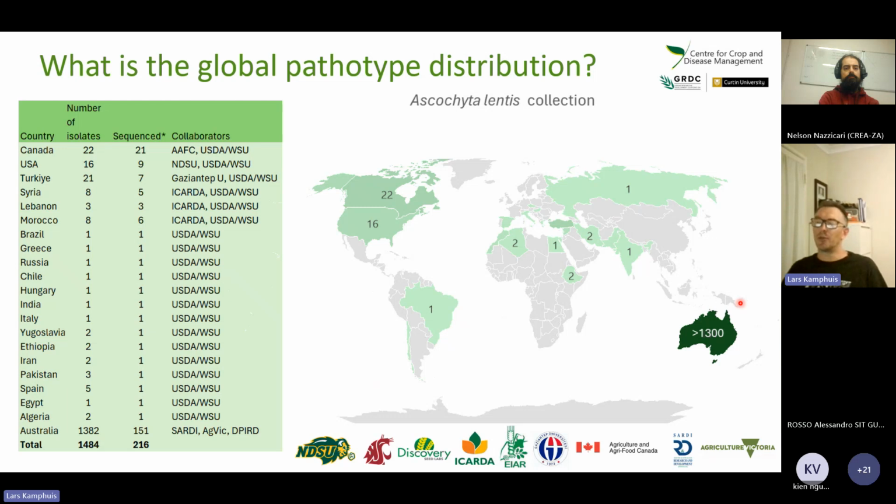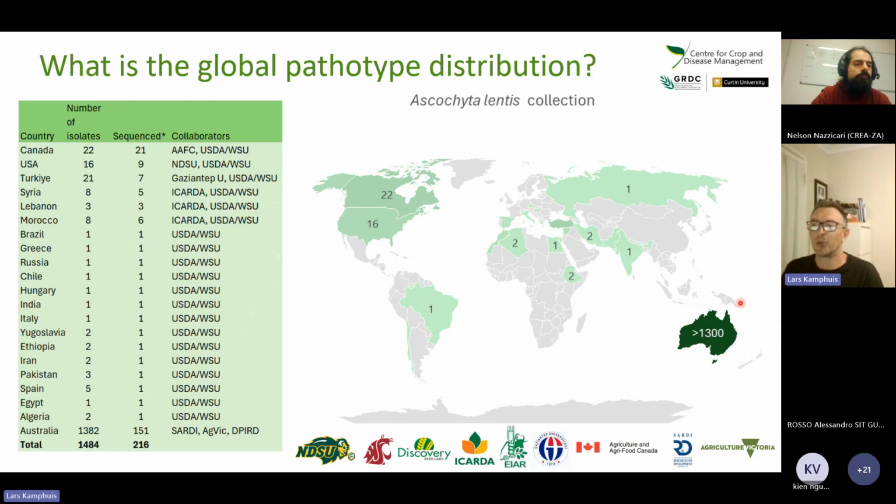The question we then had, well, that's great. We know what it looks like in a national context in Australia, but how does that look at a global level? And so we started collaborating with a range of colleagues from around the globe to try and obtain isolates from different lentil producing countries.